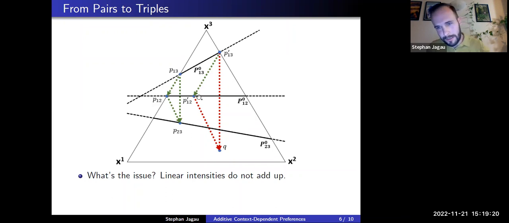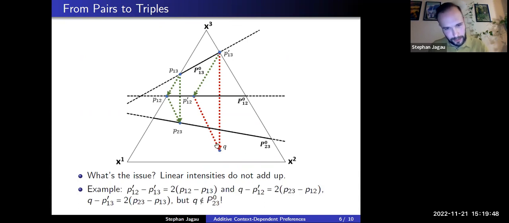So we know that it's the same change in utility difference across those two. And I go from the 1,3 indifference to the 1,2 indifference. And here I'm going from 1,2 to 2,3 indifference. So if I scale this up here, I should also end up at a 2,3 indifference point, but that just does not happen.